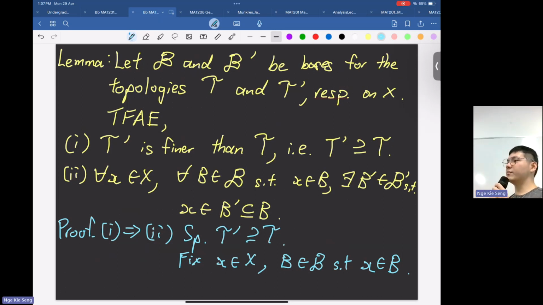Then you want to find this B prime from the other basis. Can we do that? How do we find this B prime here? Where is B?